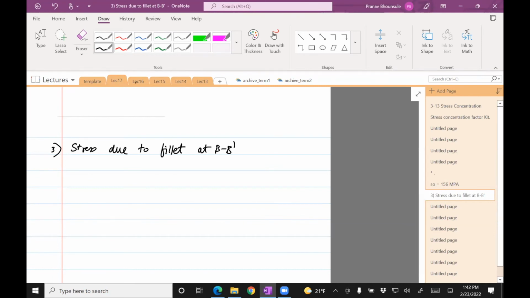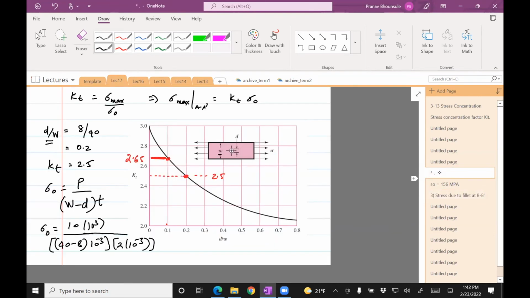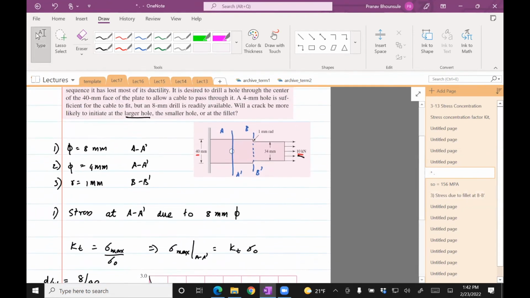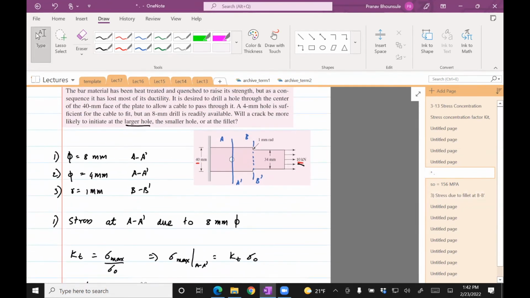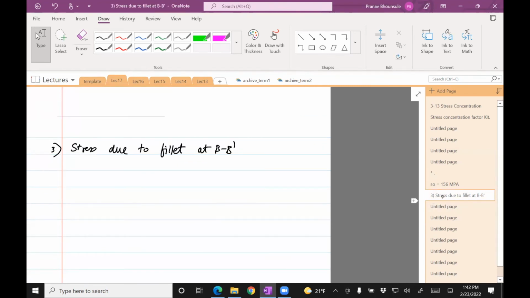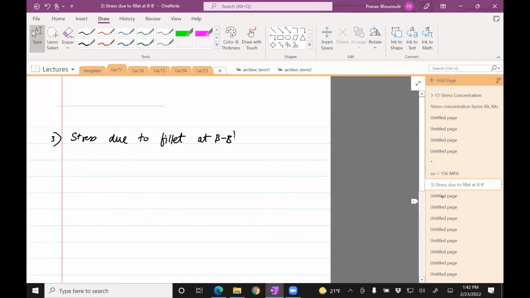Okay, so let's look at the geometry. We need to go to the table or that appendix and figure out if there's a geometry like that with the fillet. And then we just take that geometry to compute KT. So what I did was I took a screenshot of that table, and I'll put it here.